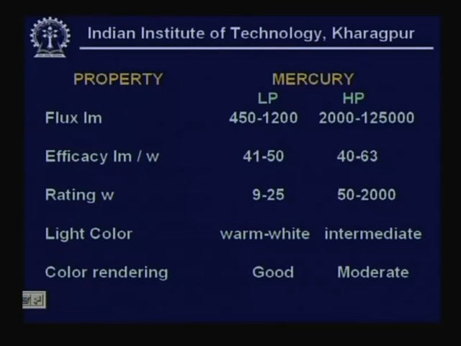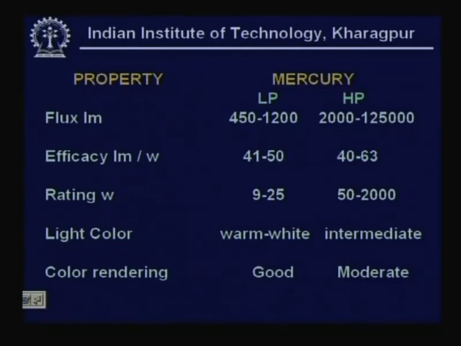Here you have both low pressure and high pressure. See, lumen wise, the low pressure ranges from 450 to about 1200 lumens. It is comparable to what you had in case of an incandescent lamp. So, it is quite possible that with certain additives like halides in the envelope and providing some phosphors, it may be a good idea to get low pressure mercury vapor lamps to give comparable performance.